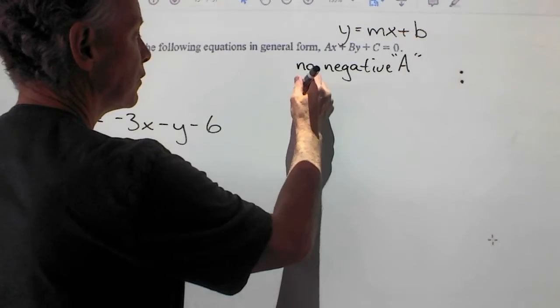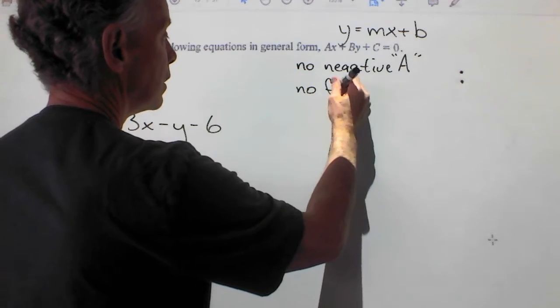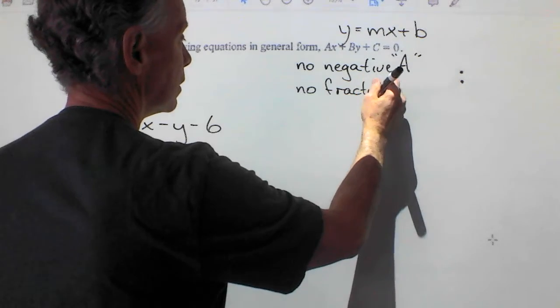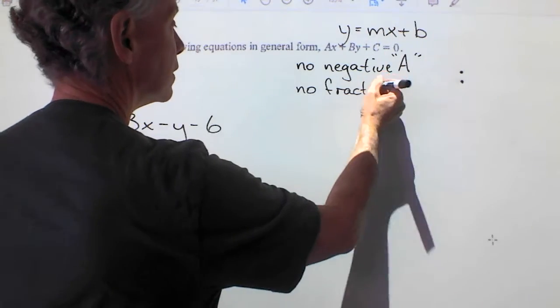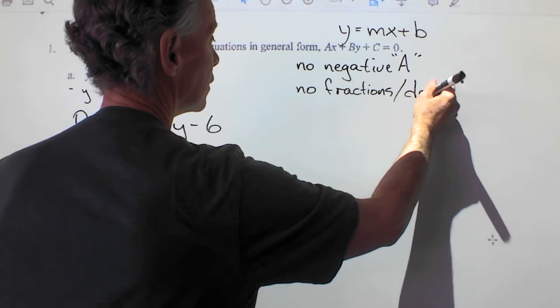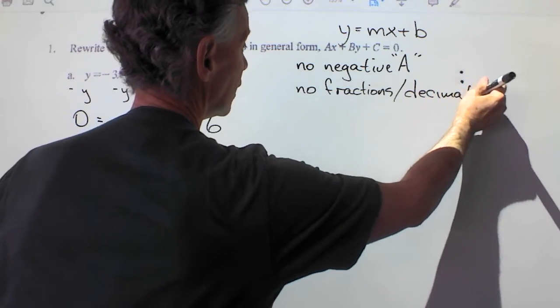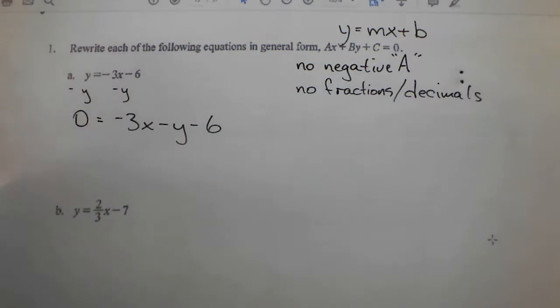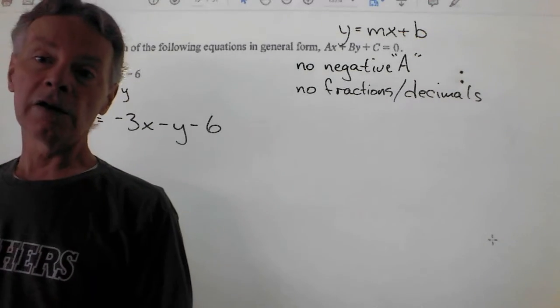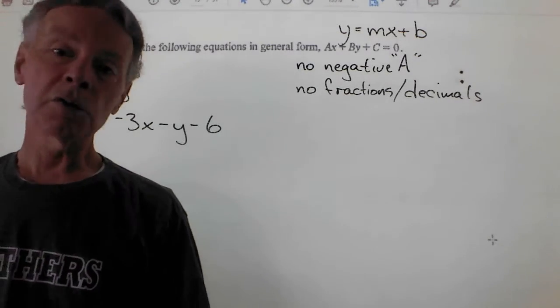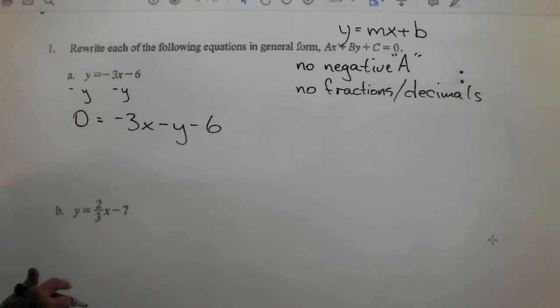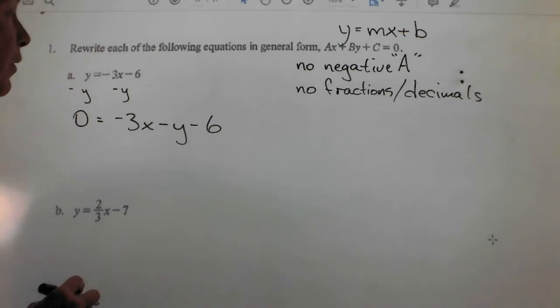And remember, we also said no fractions or decimals. Luckily, we don't have any fractions or decimals, so nothing to deal with there. But we do have to deal with that negative in front of the 3, and that's very easily dealt with.